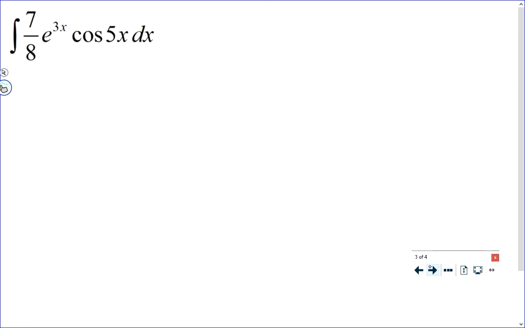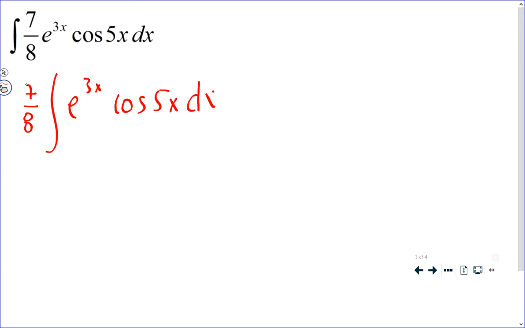One of the things you could do is take that 7/8 out and write 7 over 8 multiplied by the integral of e to the 3x cosine of 5x dx.